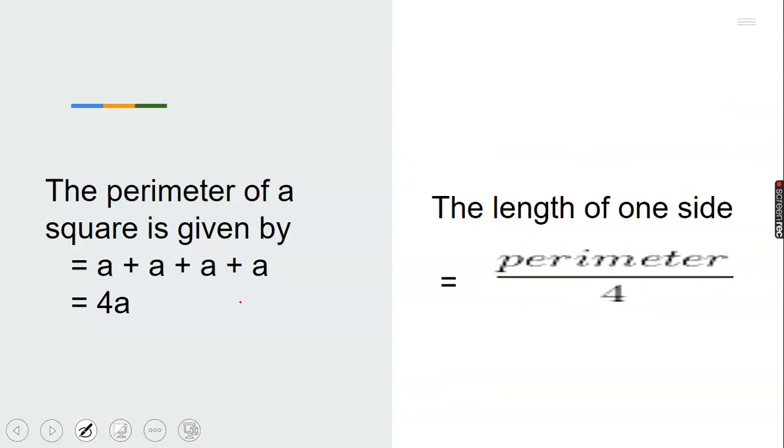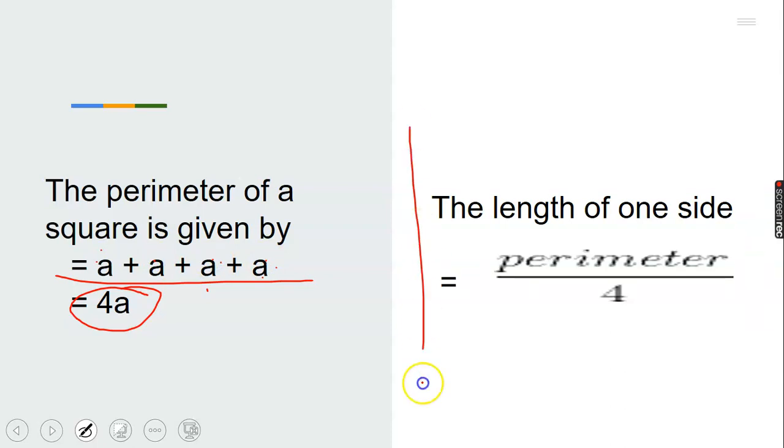Now, look. The formula to calculate the perimeter of a square is given by adding all the sides together. We have the sides AB, BC, CD, and DA. By the time we add everything together, we have 4A. That is, A plus A plus A plus A equals 4A.